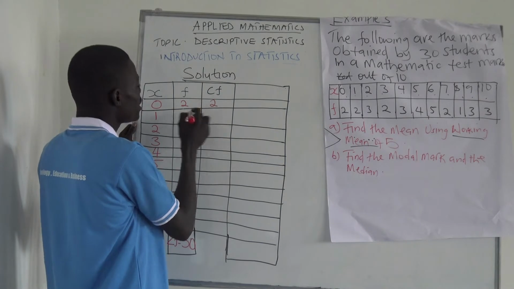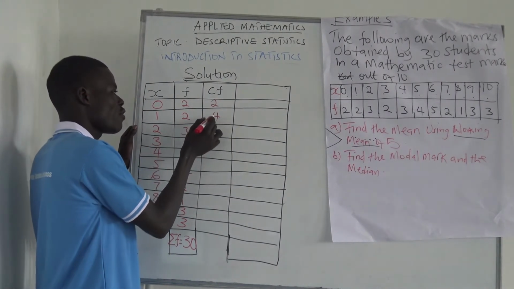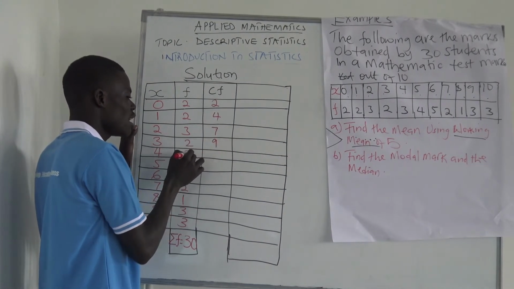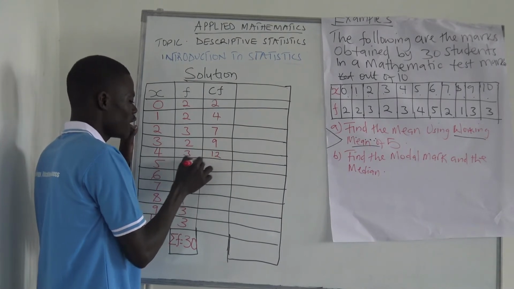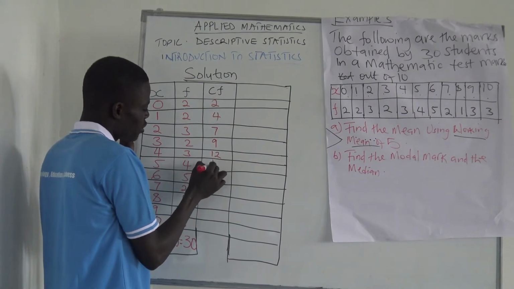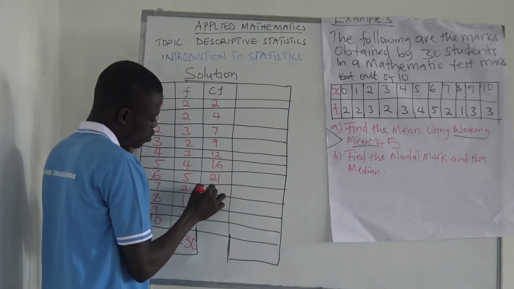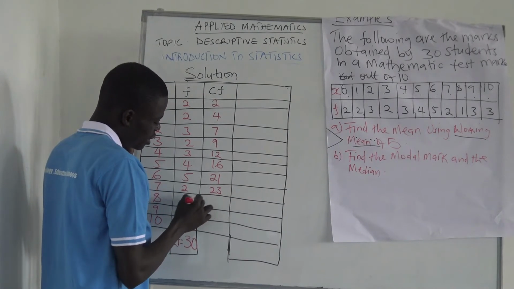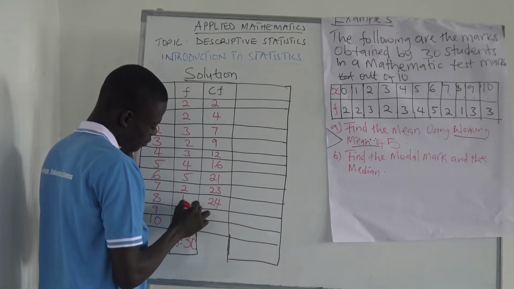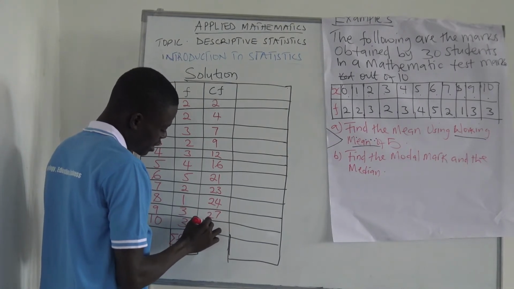When you add this one, 2 plus 2, we get the second cumulative frequency, 4. 4 plus 3, you get 7. 7 plus 2, 9. 9 plus 3, 12. 12 plus 4, we get 16. 16 plus 5, 21. 21 plus 2, 23. 23 plus 1, 24. 24 plus 3, we get 27. 27 plus 3, we get 30.